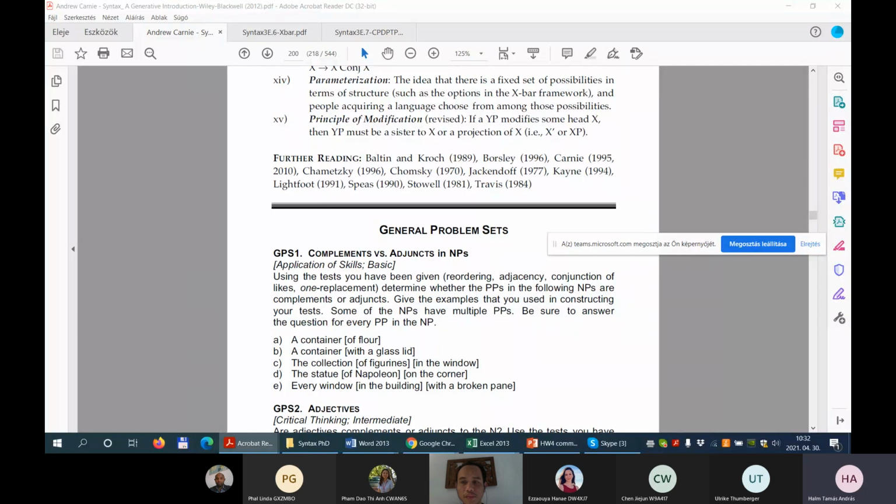Now, what about B, a container with a glass lid? Daddy said this is also a complement, but I actually think it's an adjunct. Can someone show us why with a glass lid is an adjunct?